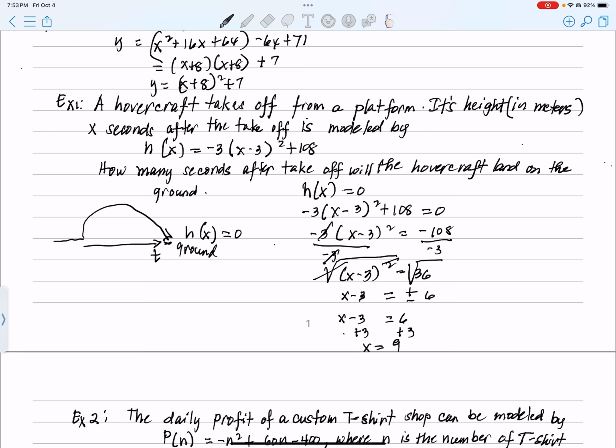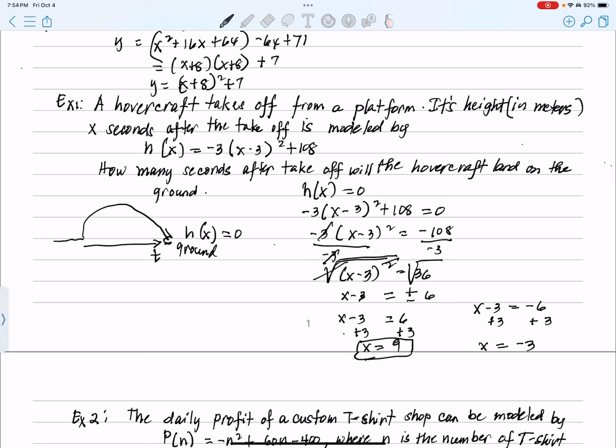Okay, so we have our first value of x right here. If I do x minus 3 equals negative 6, okay, so add 3 on both sides. x is equal to negative 3.